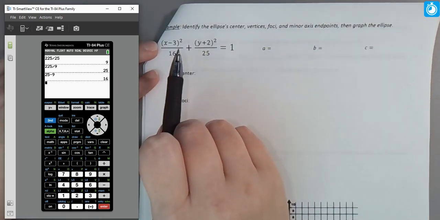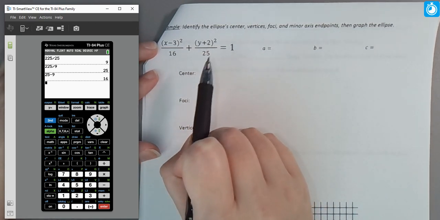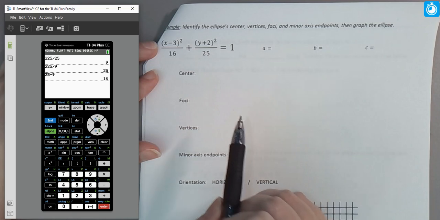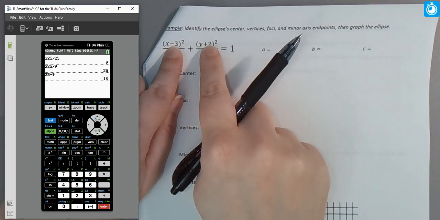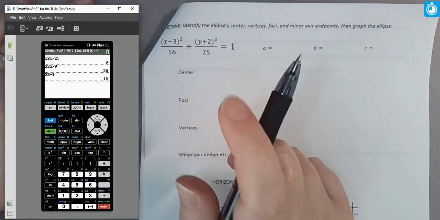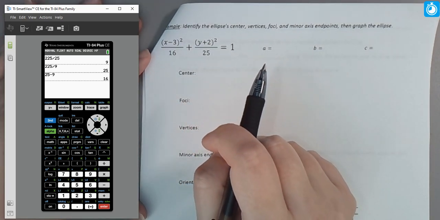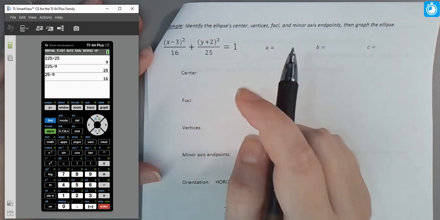Okay, so we have (x − 3)² over 16 plus (y + 2)² over 25 is equal to 1. So we're already in standard form, but I notice that I have values subtracted and added directly from my variables, which means we've shifted the location of the center and shifted the rest of the graph as a result.